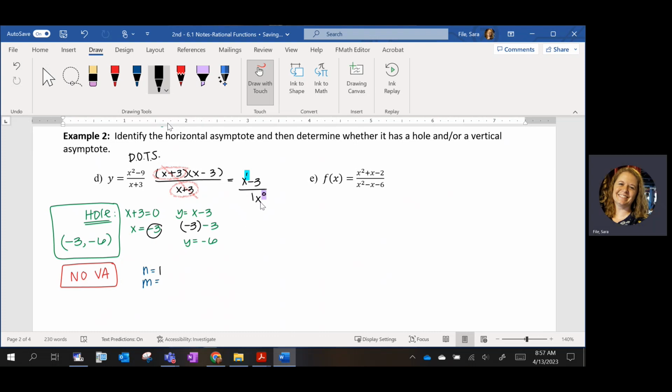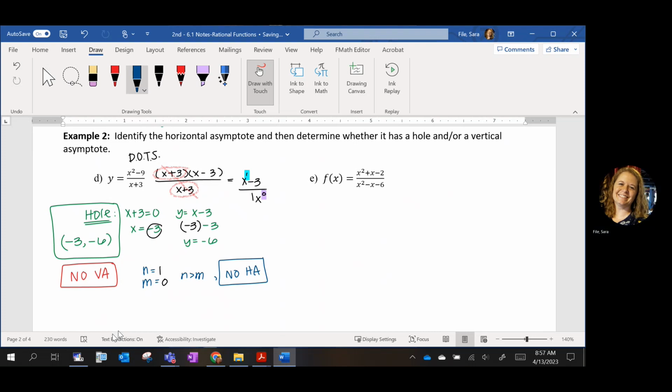Anything to the 0 power is 1. Do y'all remember that rule? So if there is no x in the denominator, that means m is 0. So n is greater than m. So that means what? There is no horizontal asymptote. So this has no asymptote, vertical or horizontal, but it does have a hole.